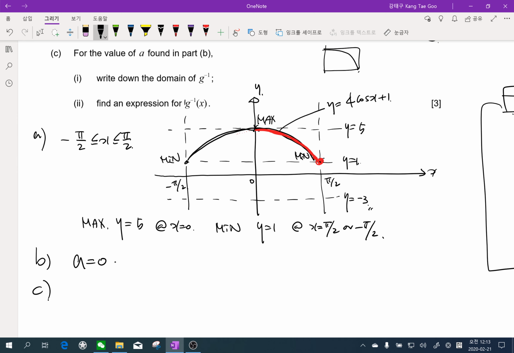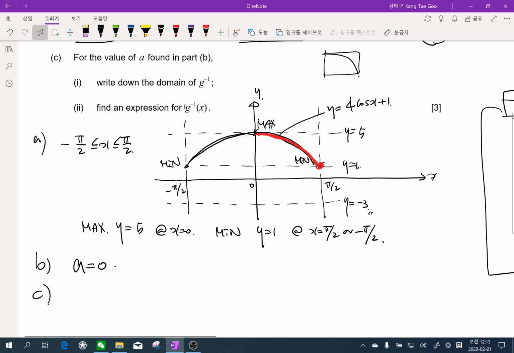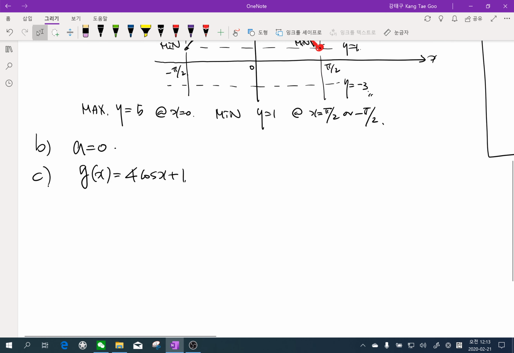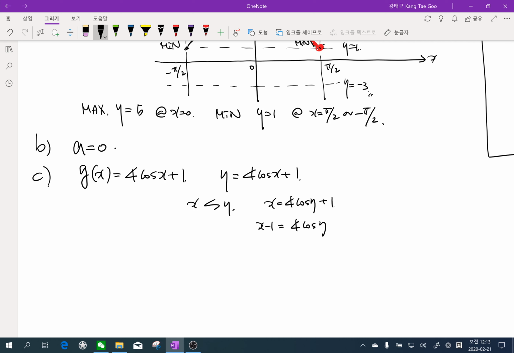Number C. For the value of a found in part B, for a equals 0, g(x) was 4 cosine x plus 1, which means I rewrite this, y equals 4 cosine x plus 1, and then I switch x and y, so x equals 4 cosine y plus 1. x minus 1 equals 4 cosine y, so that y equals cosine inverse of (x minus 1) over 4.